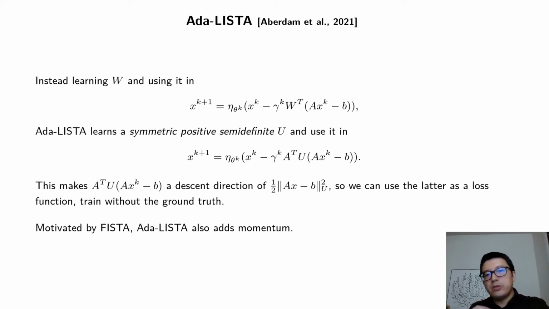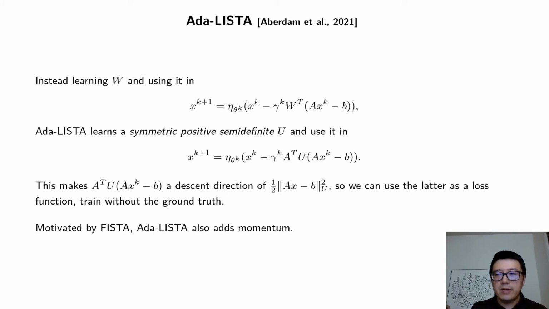Now, this important change makes this term correspond to a descent direction, and the whole iteration correspond to a certain Lyapunov function, which can govern the convergence of this algorithm. And also, because there is a Lyapunov function, you can now train without bothering first generating the true signal.